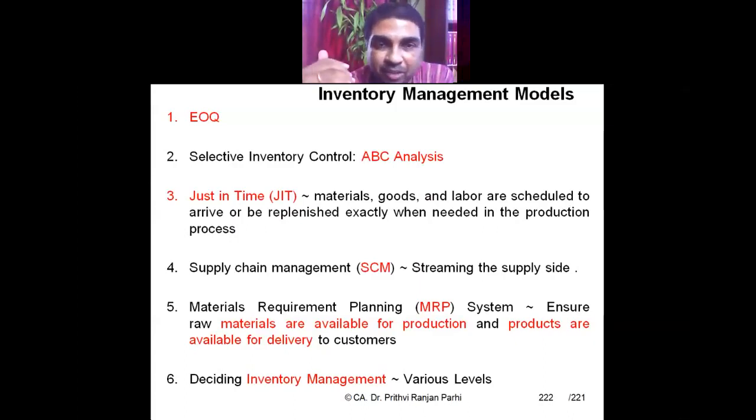Just in time or JIT is another kind of technique. SCM or supply chain management, and material requirement planning, MRP, is one more system. So like this, we are deciding various levels of inventory management: minimum level, maximum level, reordering level. Those things can be decided. All these things will help us in managing inventory properly.